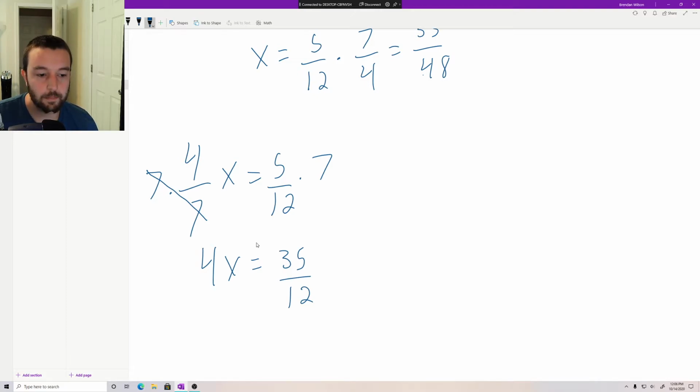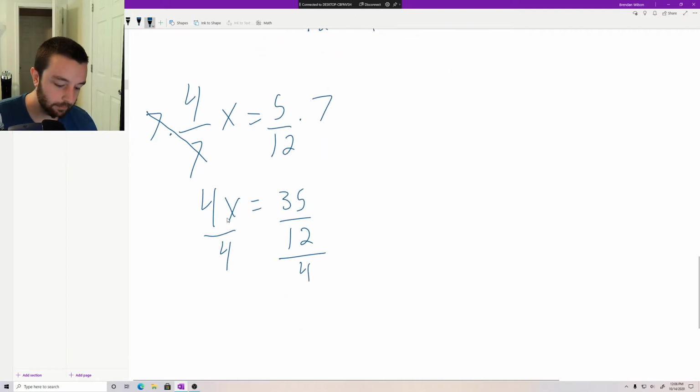Okay, so now we're left with just 4x. Now, we just have to get rid of the 4. So we should divide both sides by the 4 because it's being multiplied. It's maybe better to write it on this side. Yeah, I'll write it like this first, but I'll change it in the next step. Okay, so we have the 4's cancel out.